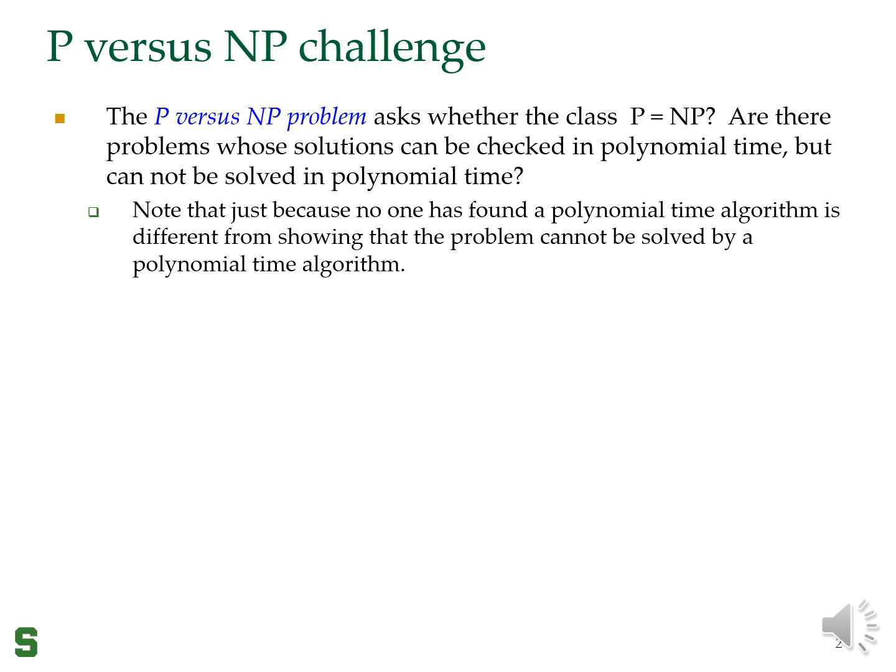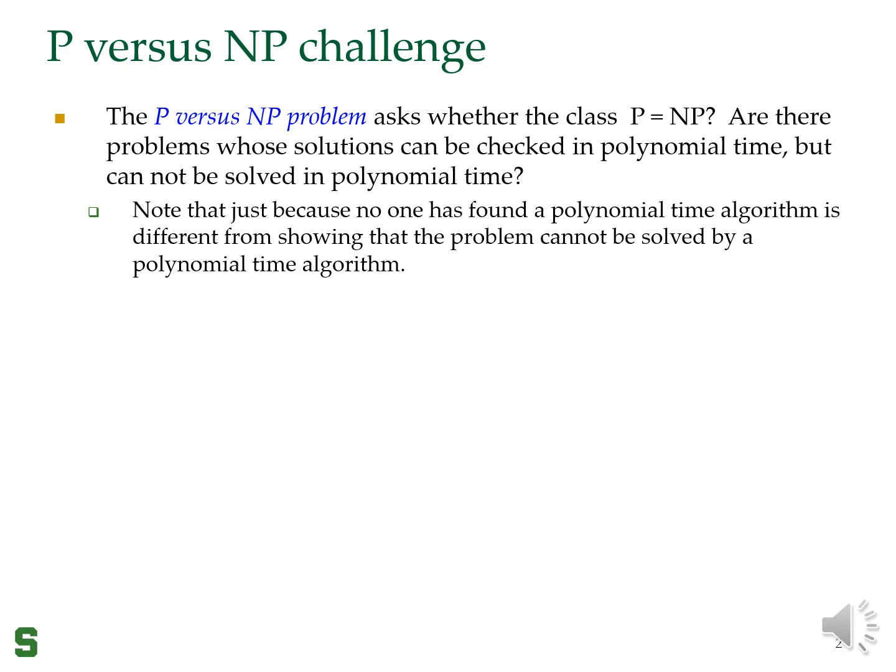Note that just because no one has found an algorithm so far, it doesn't mean one does not exist. It's just maybe that all of us collectively have been too stupid to find one, but maybe there exists one. And that's the question that we want to answer in the P versus NP problem.